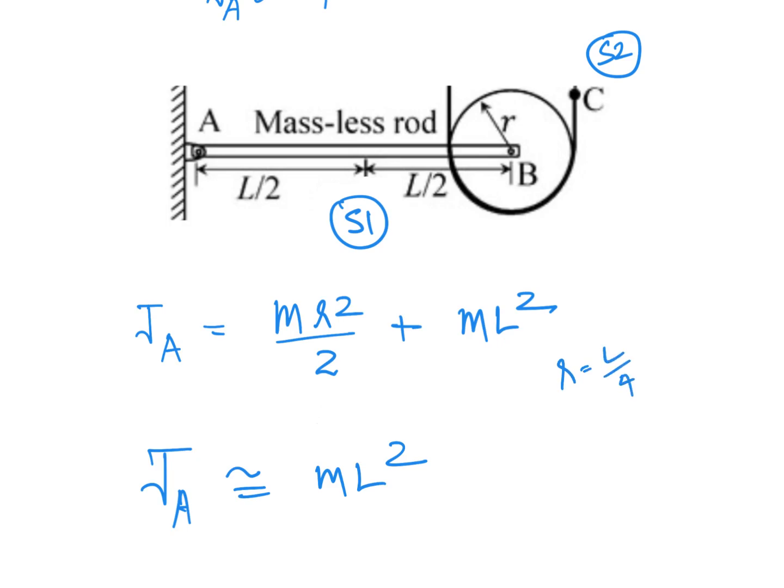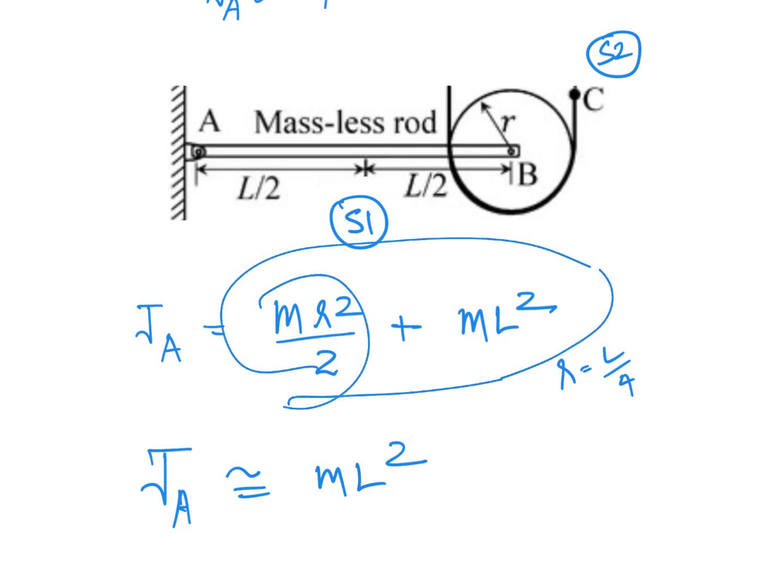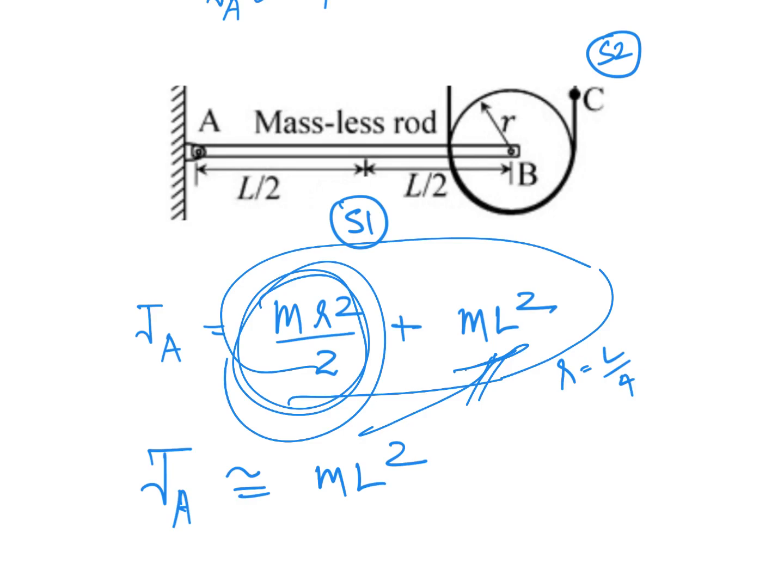But in the options, that answer is not there. So what they have done is they have made an assumption to get the answer that is there in the option. They are neglecting this term in comparison to this, which is a sensible guess.